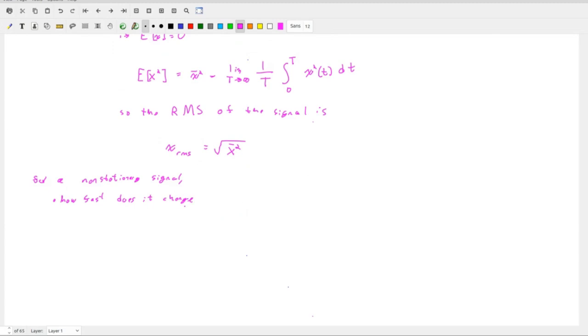And so there's lots of ways we can quantify this. But one way to quantify how fast it changes is, we will use the autocorrelation function.